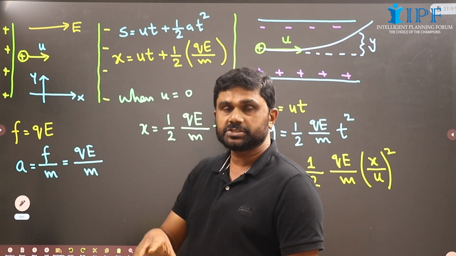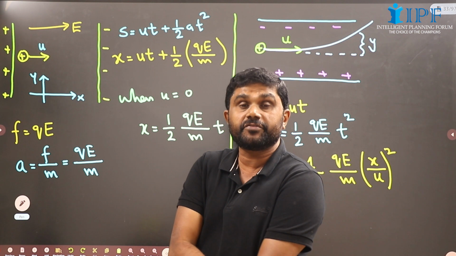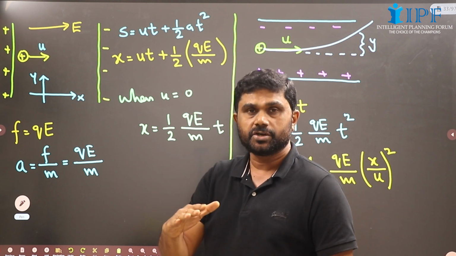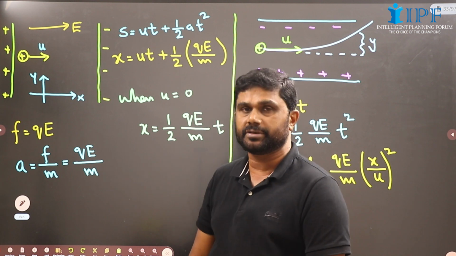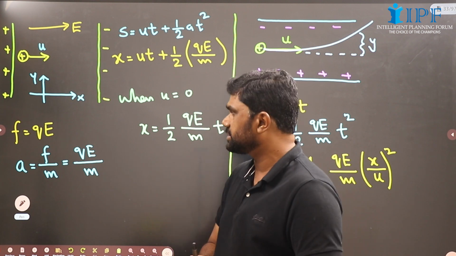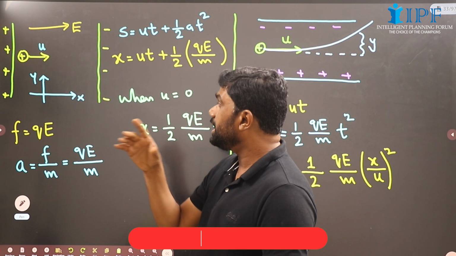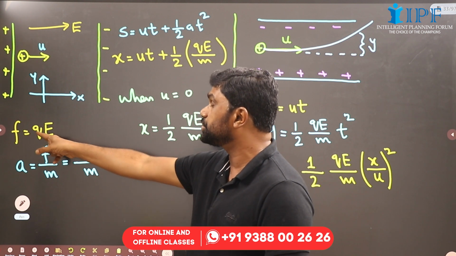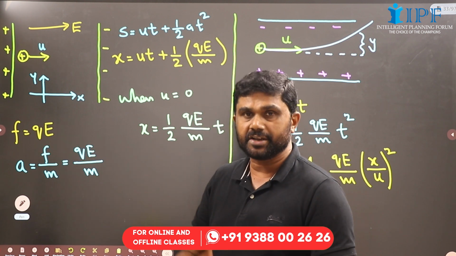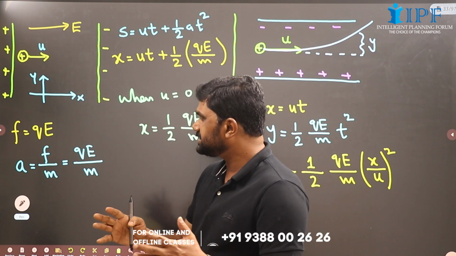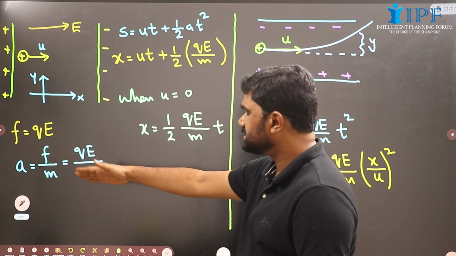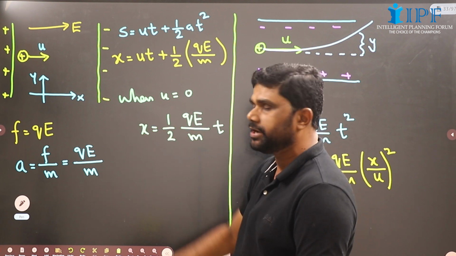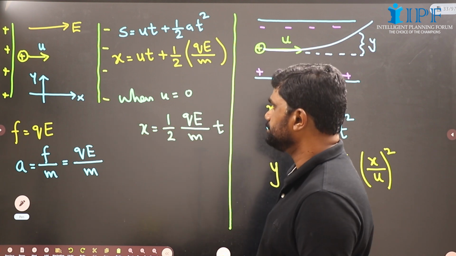The particle is projected along the positive direction of the x-axis, and the electric field intensity is also directed along the same positive direction. So the particle experiences an accelerating force qE. The acceleration will be force divided by mass, that is qE divided by small m.